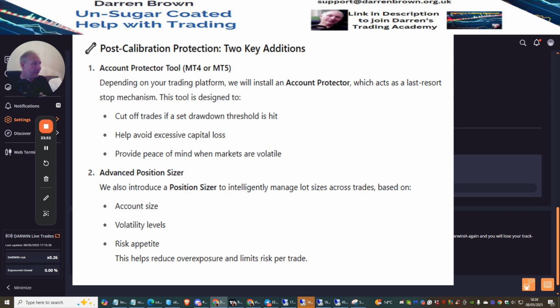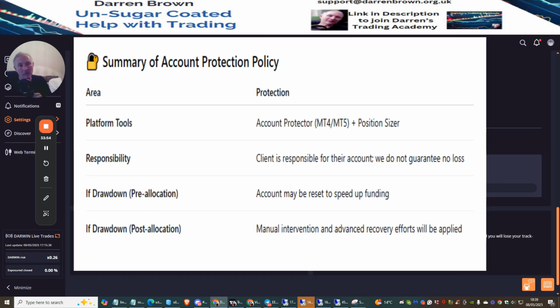It's a cracking bit of kit, which I'm also going to be bringing out as a module. So anyone inside the Darren's Trading Academy will have access to this. They'll be able to put it onto their own bots, their expert advisors. I've got it in both MT4 and MT5, and I've also got it in cTrader, which I'll be releasing inside the Darren's Trading Academy with my version of the module, which will show you exactly how you can use it.